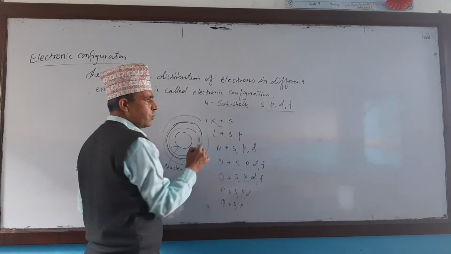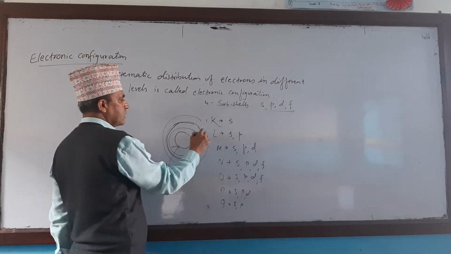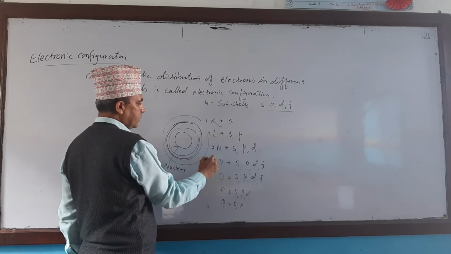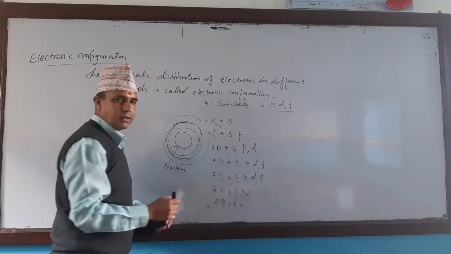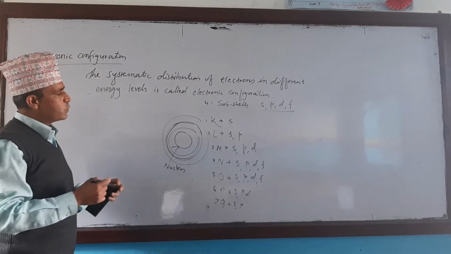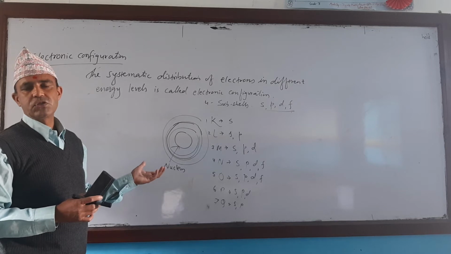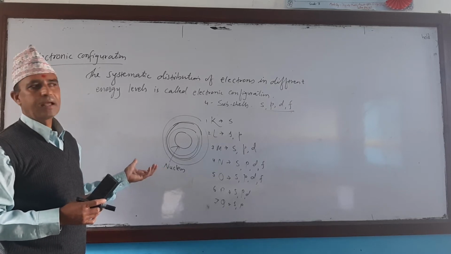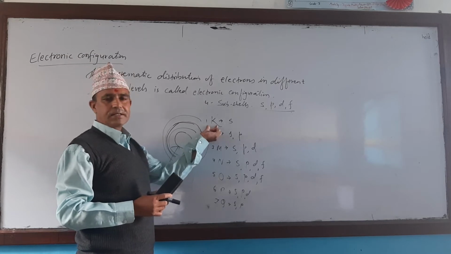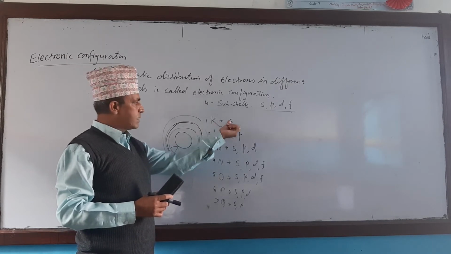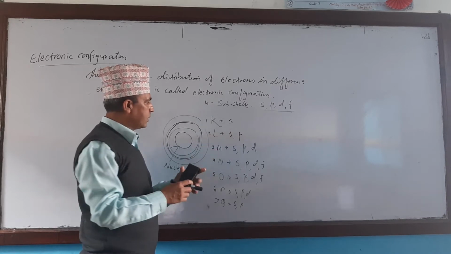K is the first shell from the nucleus, then second, third, fourth, fifth, sixth, seventh. If I write 1, 2, 3, 4, 5, 6, 7, these are energy levels.